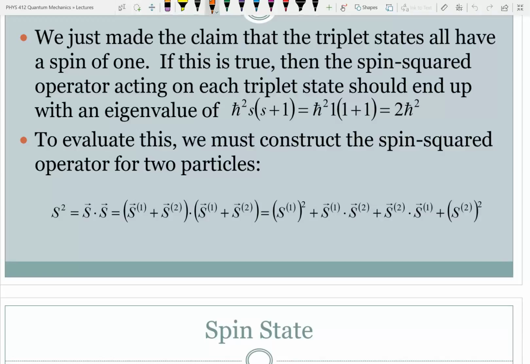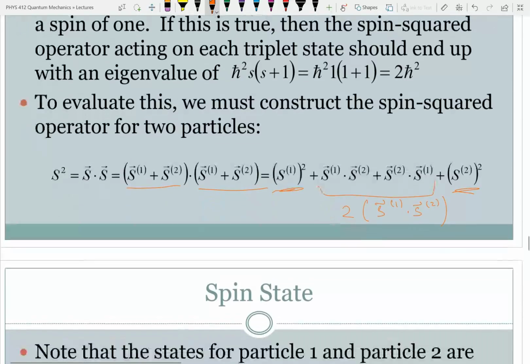And so the S squared is, of course, just S dot S. And so now we're doing the dot product between these, which gives us this plus 2 cross terms. Well, with dot products, it doesn't matter the order, so this is really just 2 of that.